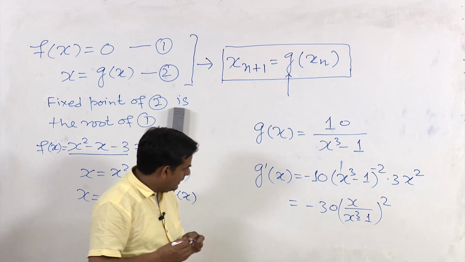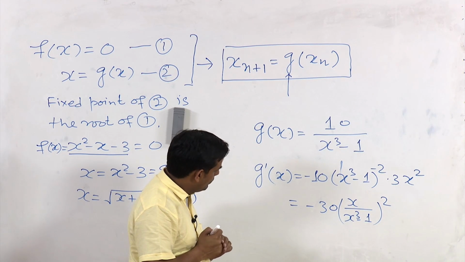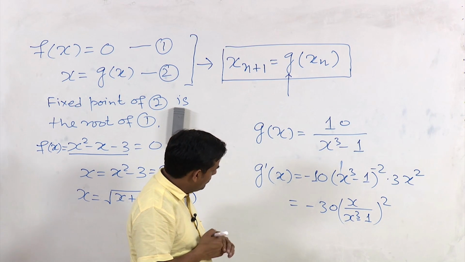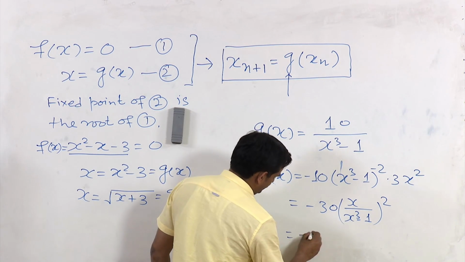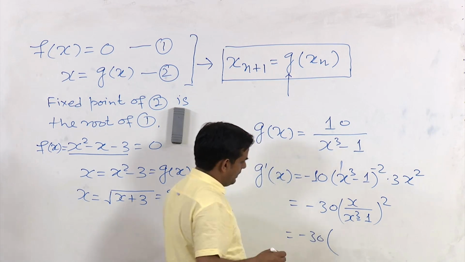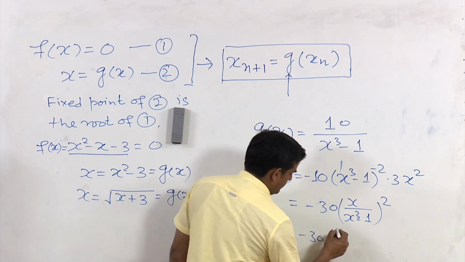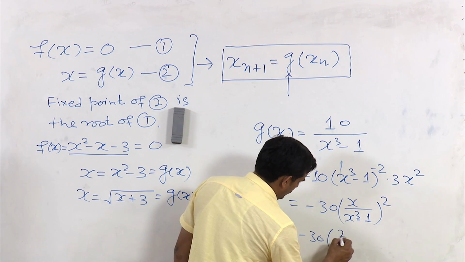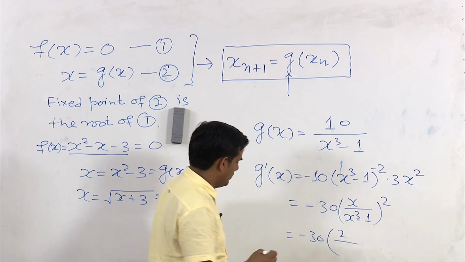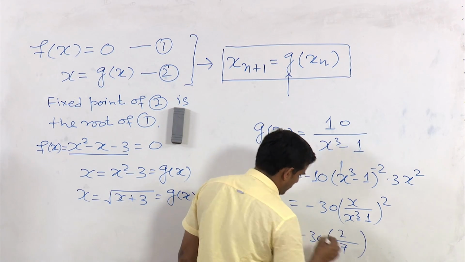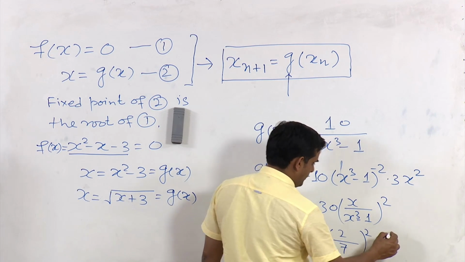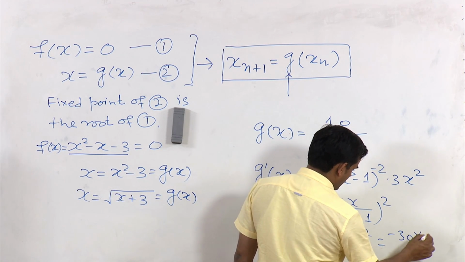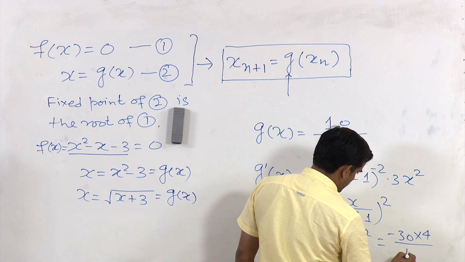Now, if you check when x is 2, it will become minus 30 into 2 upon 7 square, which is minus 30 into 4 upon 49.